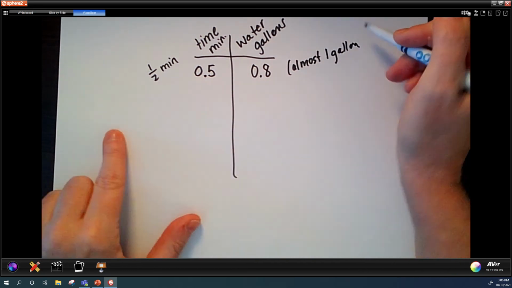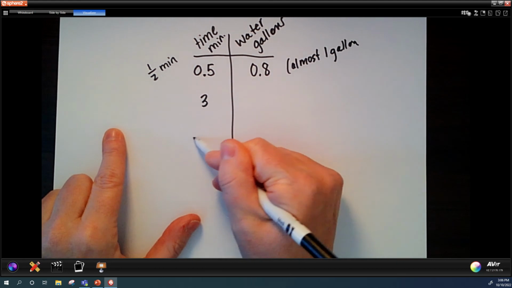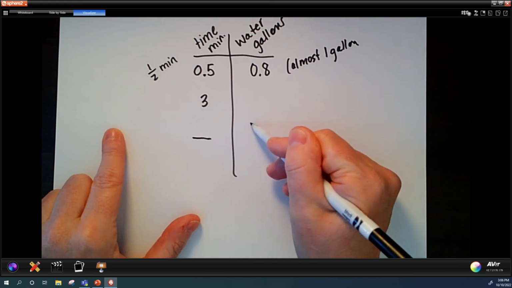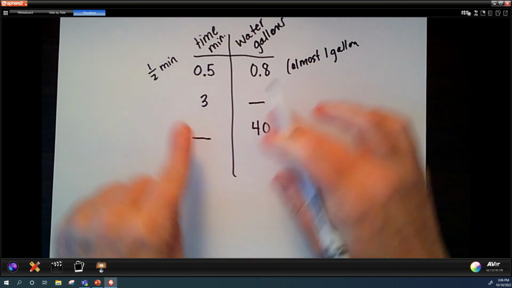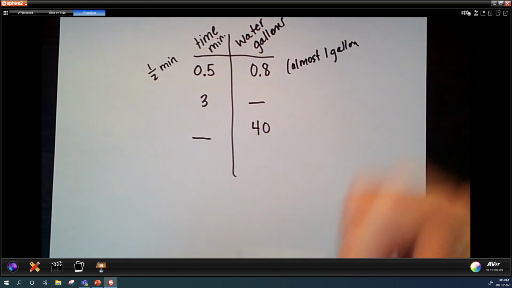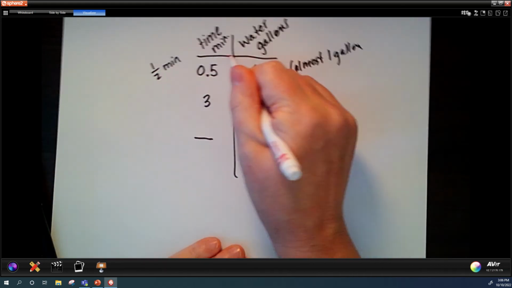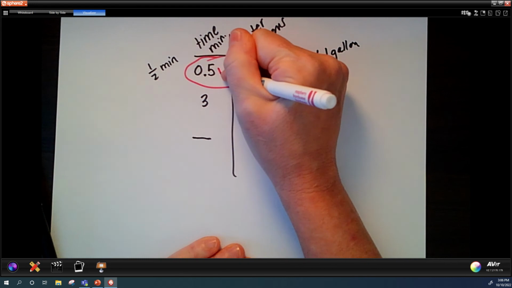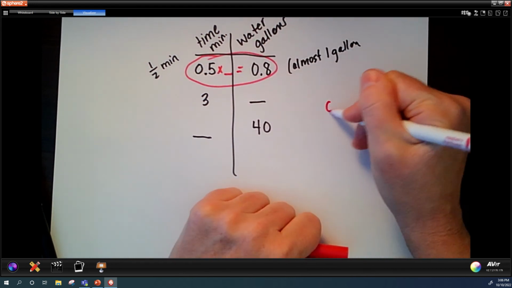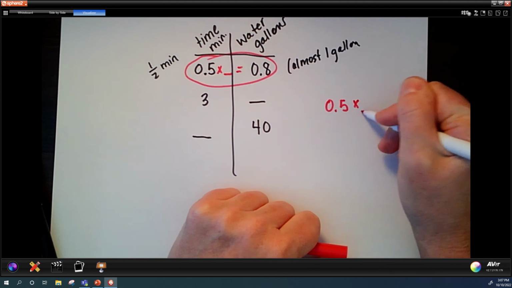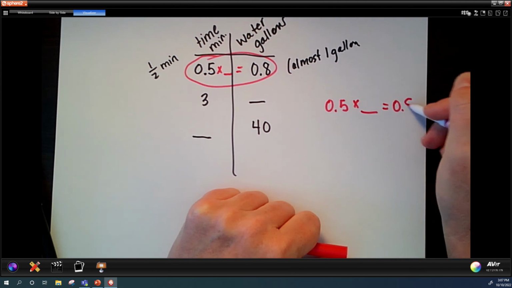All right, so we need to figure out the rest of the chart. All right, so we have some missing numbers here. This is the key right here. 0.5 times something equals 0.8.